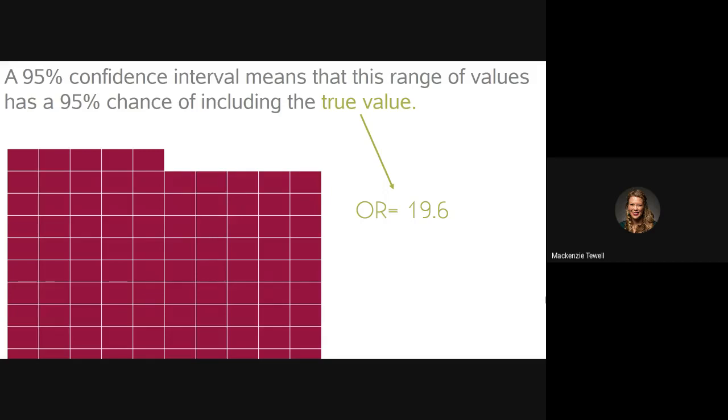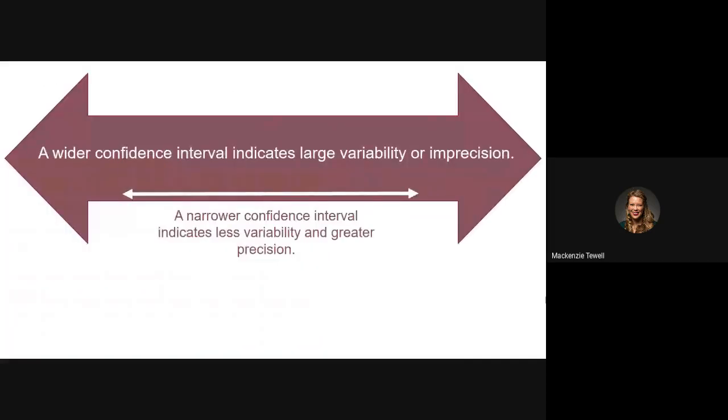So this confidence interval is telling us that if we ran these statistics 100 times, 95 of those 100 times we would get an outcome that included our true value. So what we can remember here is that a wider confidence interval indicates large variability or imprecision, and a narrower confidence interval indicates less variability and greater precision. So we always want a more narrow confidence interval.